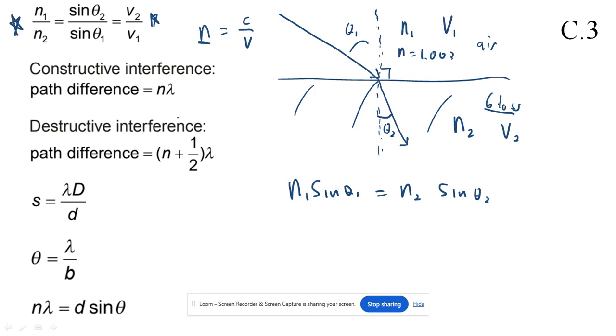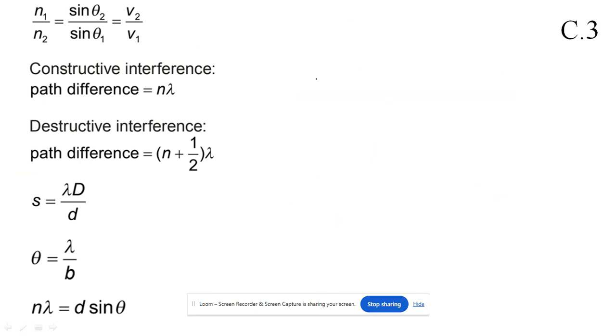Okay. And then these are the interference things. So if I've got a speaker here and a speaker here, and these are the same frequency, the same phase, right?